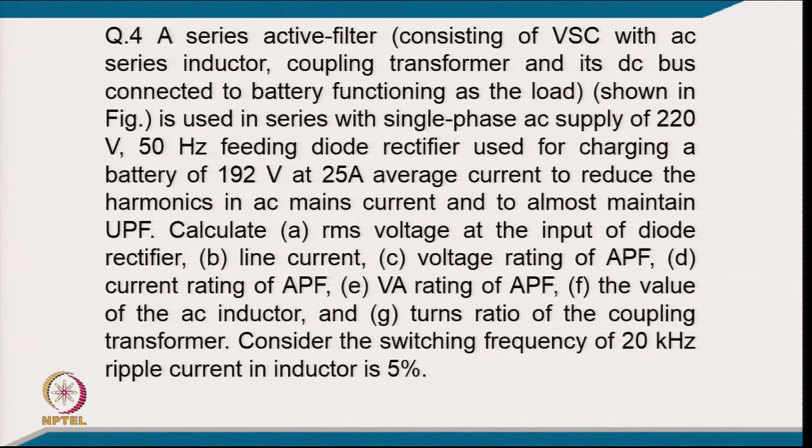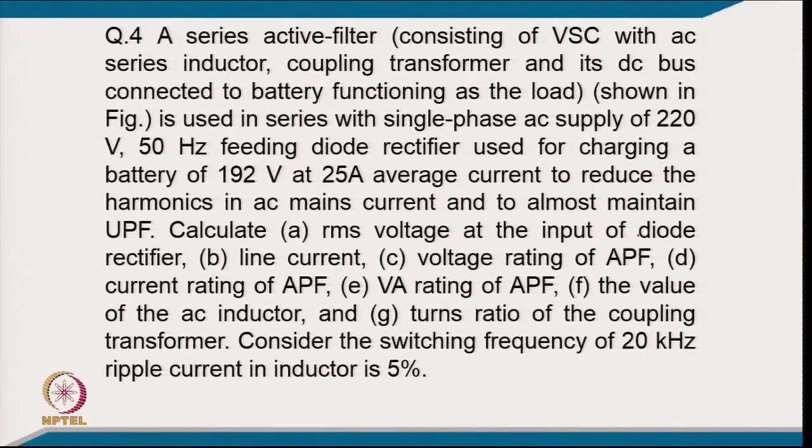So, coming to the fourth example: a series active filter consisting of a voltage source converter with an AC inductor, coupling transformer, and its DC bus connected to a battery functioning as a load, shown in the figure, is used in series with the single phase AC supply of 220 volt, 50 hertz, feeding a diode rectifier used for charging a battery of 192 volt at 25 ampere average current, to reduce the harmonics in the AC mains current and to maintain unity power factor.